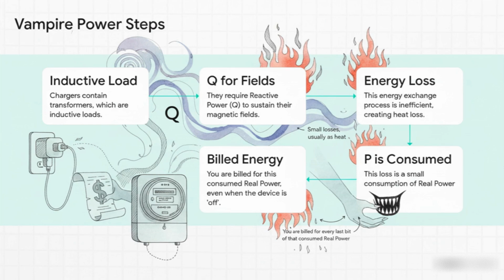But here's the catch. That whole process of borrowing and returning energy, it's not perfectly efficient. A little bit of that energy gets lost as heat. And that heat loss, that is a tiny amount of real power being consumed. And since your utility meter only measures and bills you for real power, bingo, that's what shows up on your bill. That, my friends, is vampire power.